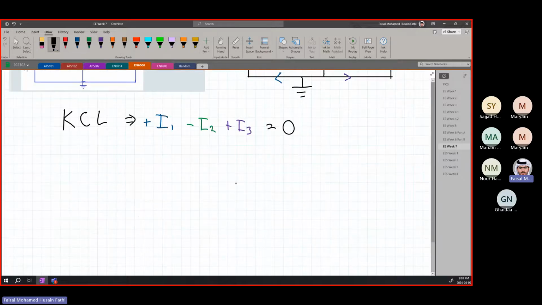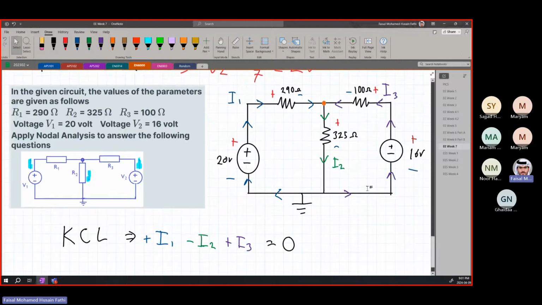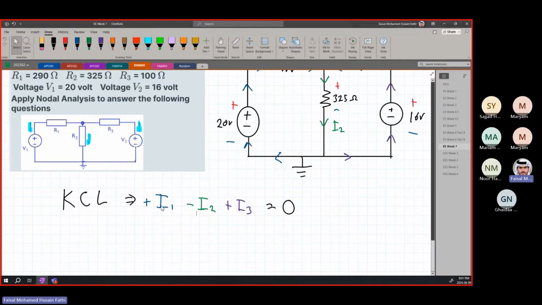And then you can rearrange the equation however way you like. But for now, let's keep it this way so we can solve using this method, just so you see how it will look. So now, we need to find out what I1, I2, and I3 are, using V equals IR. So I1 is equal to VR1 over R1, which is equal to VR1.